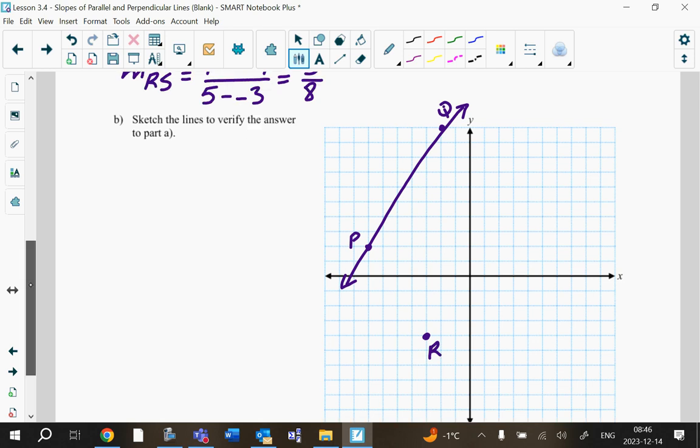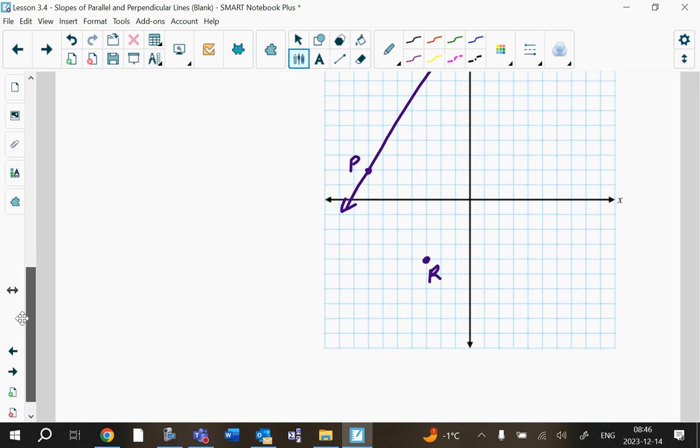S is 5, 1. And we can see that they're definitely not parallel because they don't run in the same direction. They're going to meet. And they're definitely not perpendicular. So all of that you should have been able to get a decent handle on.